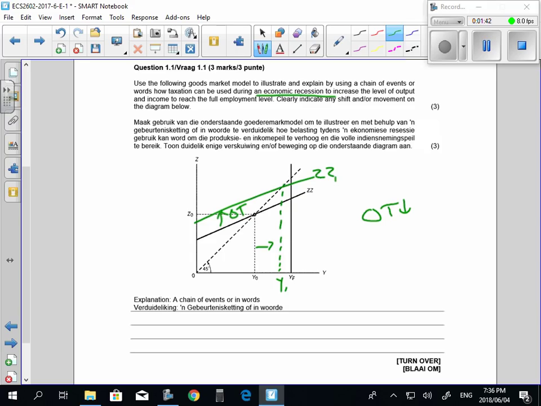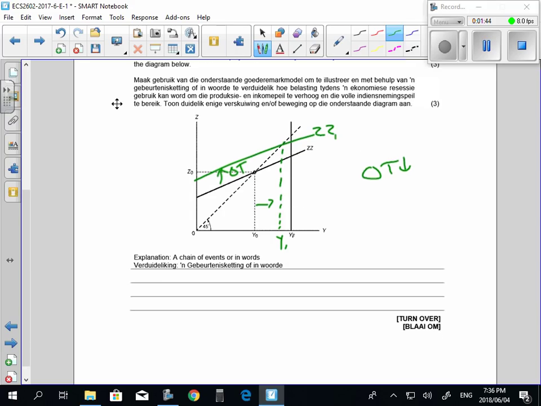Alright, so what is your chain of events? If taxes are decreased, it means that your disposable income has increased, and therefore if disposable income increases, consumption for goods and services increases, the demand for goods and services, and therefore your output and income.